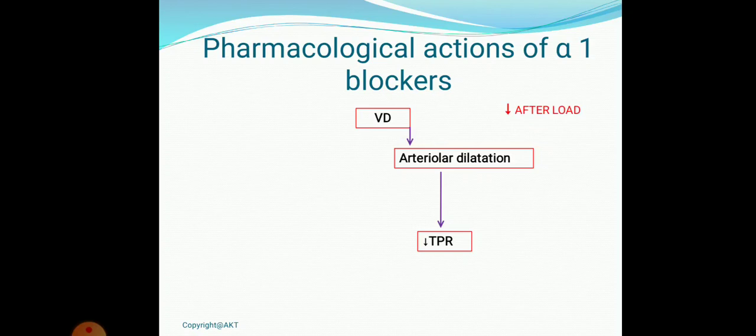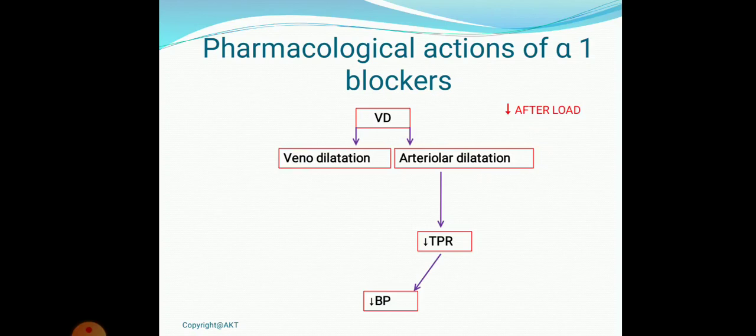That will be reduced and it will reduce the work done by the heart. A decrease in TPR definitely decreases the blood pressure, because blood pressure depends upon cardiac output and TPR, that is total peripheral resistance, also known as peripheral vascular resistance.